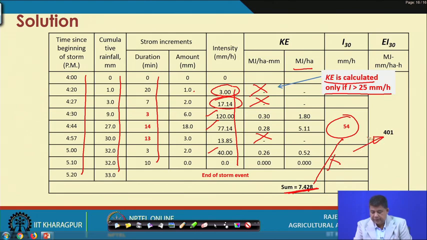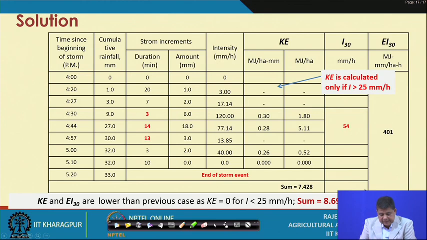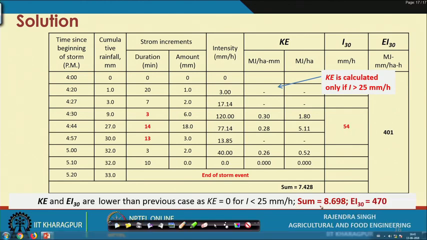In this case the difference is that in the previous case the kinetic energy sum was 8.698, here it is 7.428, and that is why EI 30 which was 470 megajoules millimeter per hectare hour is now reduced to 401, because we are only considering I greater than 25 mm per hour for calculating the kinetic energy.